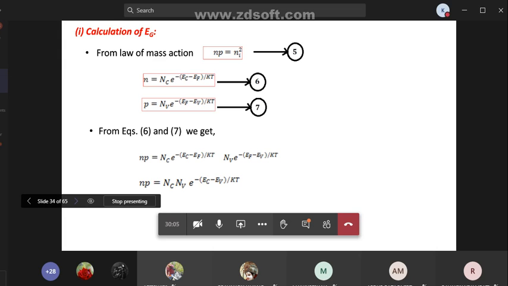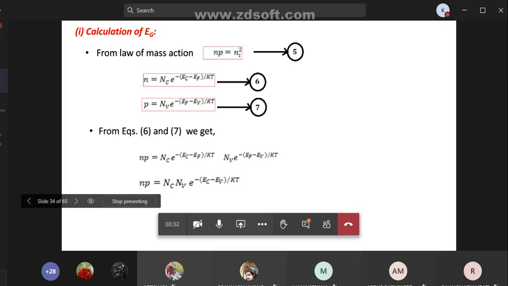See here. So we know from law of mass action, NP equal to Ni square, right? And here N equal to NC into e power minus of (EC minus EF) by KT, and P equal to NV into e power minus of (EF minus EV) by KT.